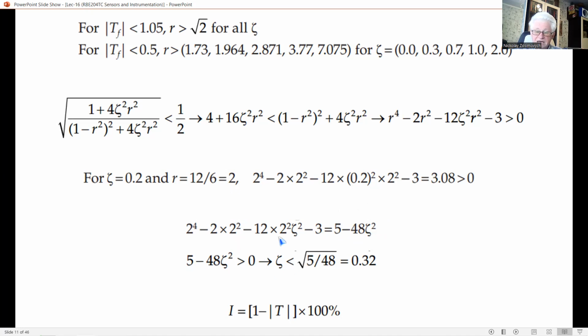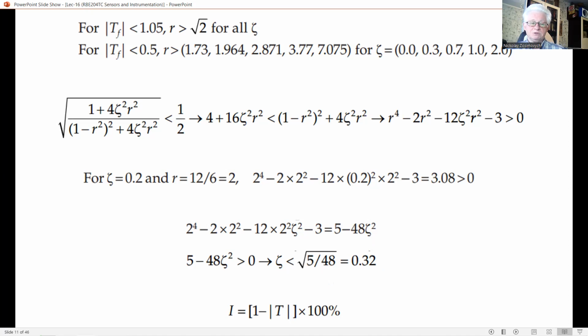In this case, theta must be less than the square root of 5/48, or simply theta equals 0.32. If the requirement was not met, say theta equals 0.4, an option would be to reduce damping.